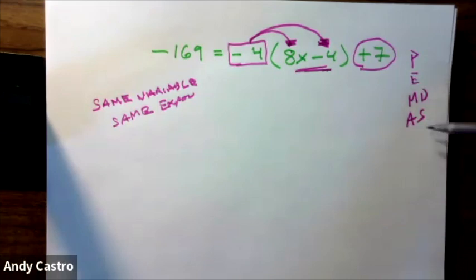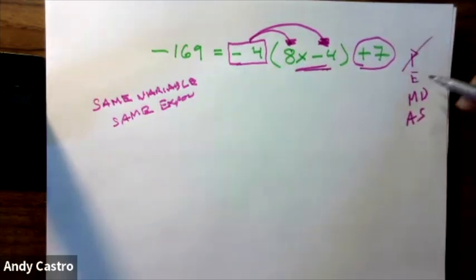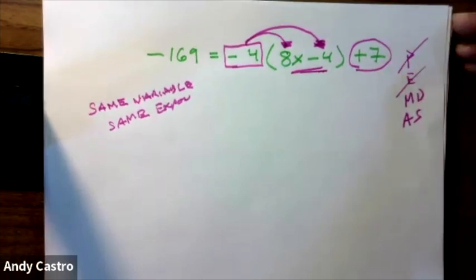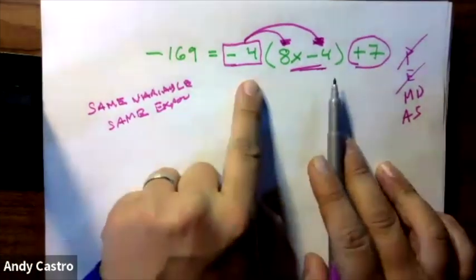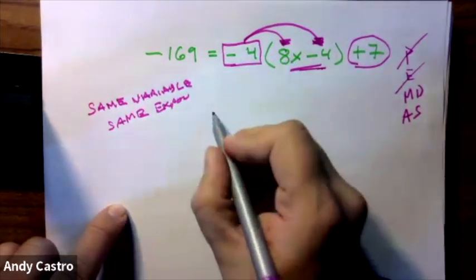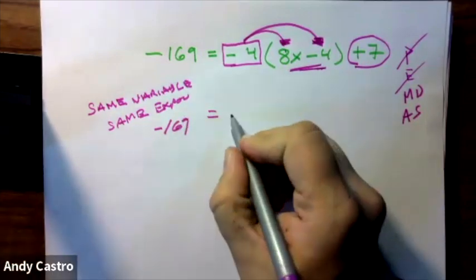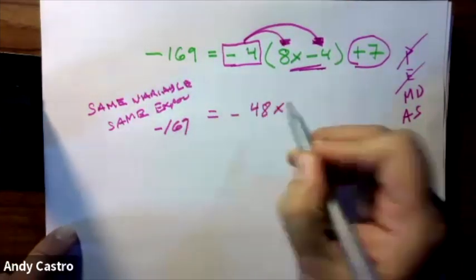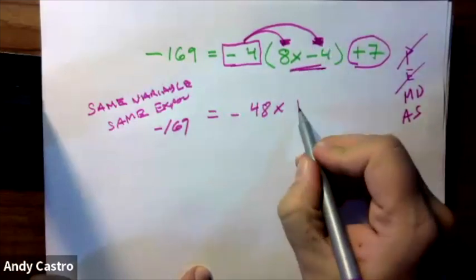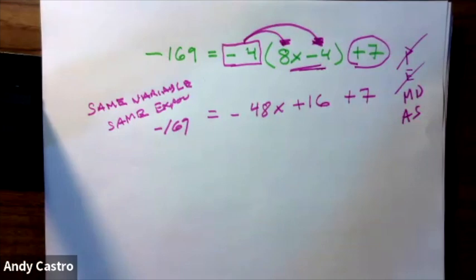So if we look over here at PEMDAS, usually we want to be multiplying first if we don't have any parentheses and we don't have any exponents. And so why don't we go ahead and do that? So negative 4 times 8, negative 48x. Then negative 4 times negative 4 is positive 16 plus 7.